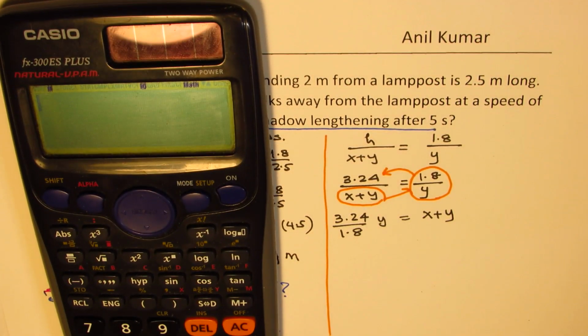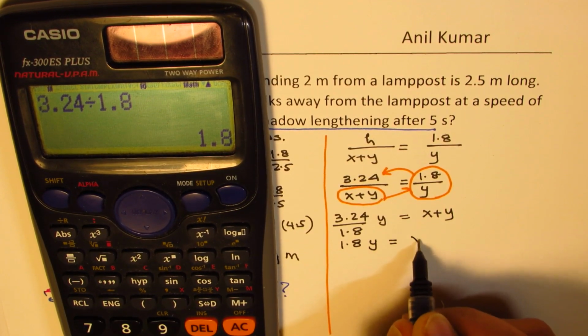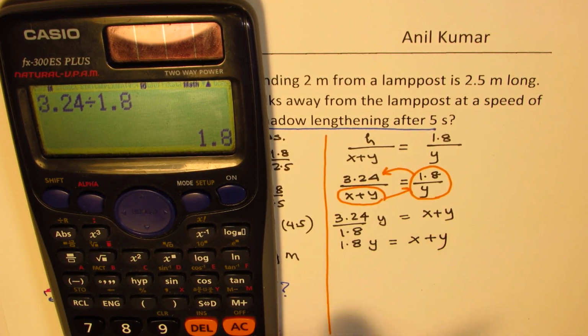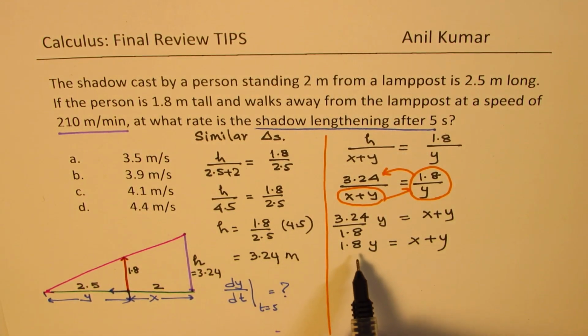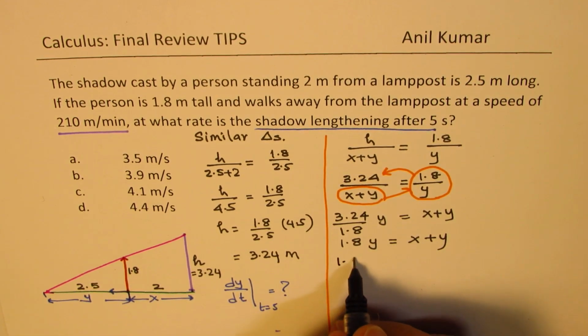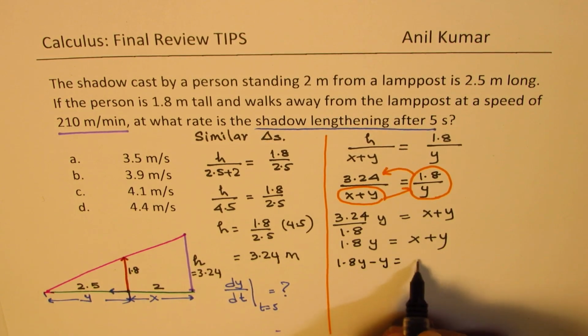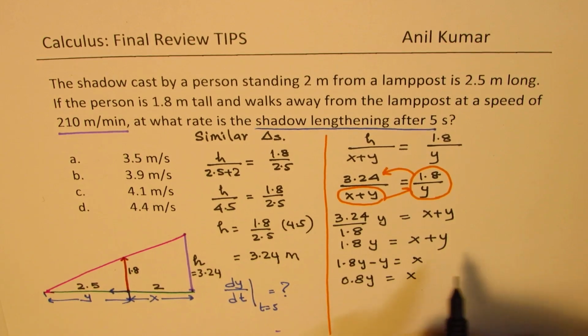Let's divide and get one number. 3.24 divided by 1.8 is equal to 1.8 itself. So this is 1.8y equals to x plus y. So that's interesting. 3.24 divided by 1.8 will be 1.8. Right? So we can bring y together. 1.8y minus y equals to x, or 0.8y equals to x.